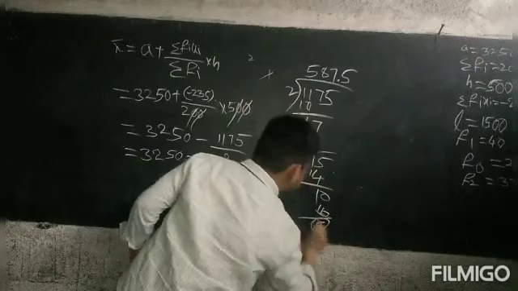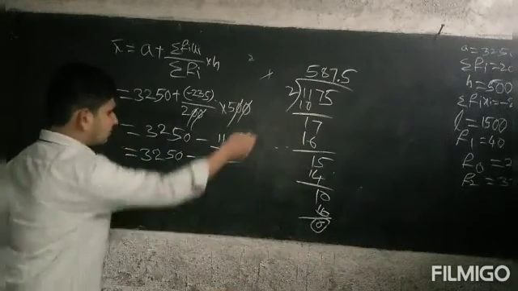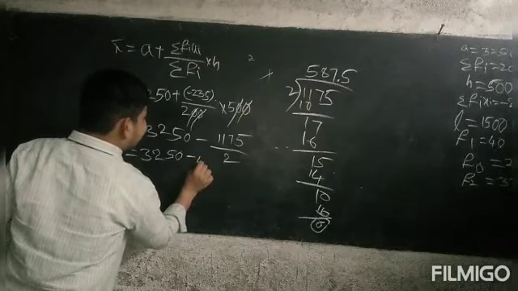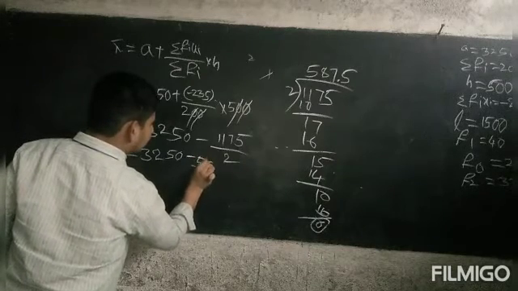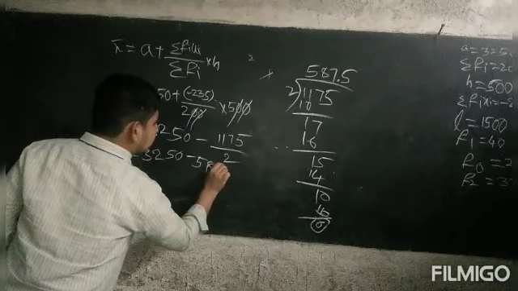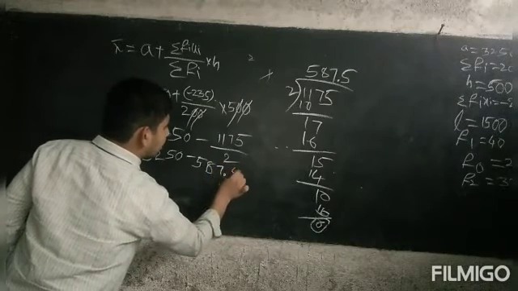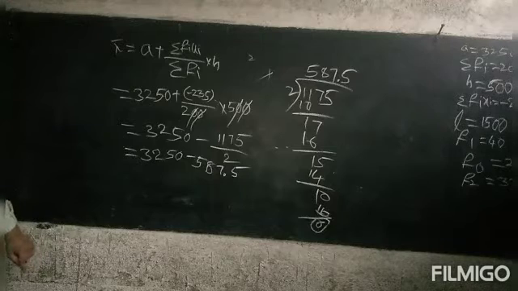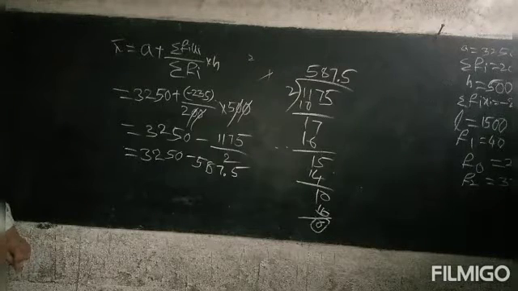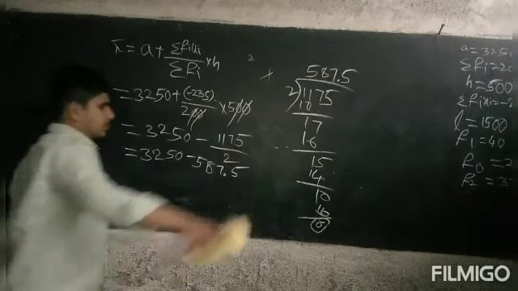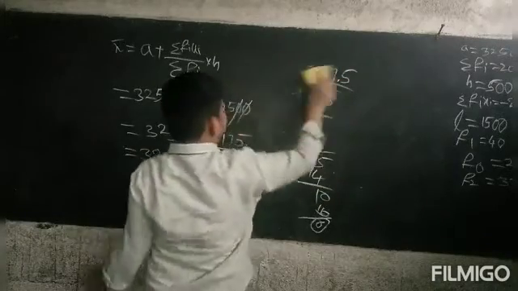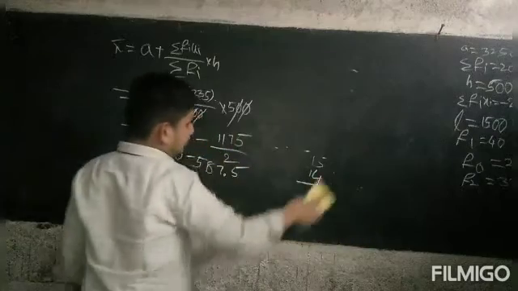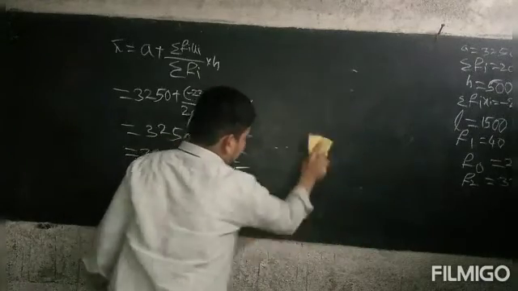So 1250 minus 587.5. Now subtract the values and then you can get the mean value by using the subtraction.